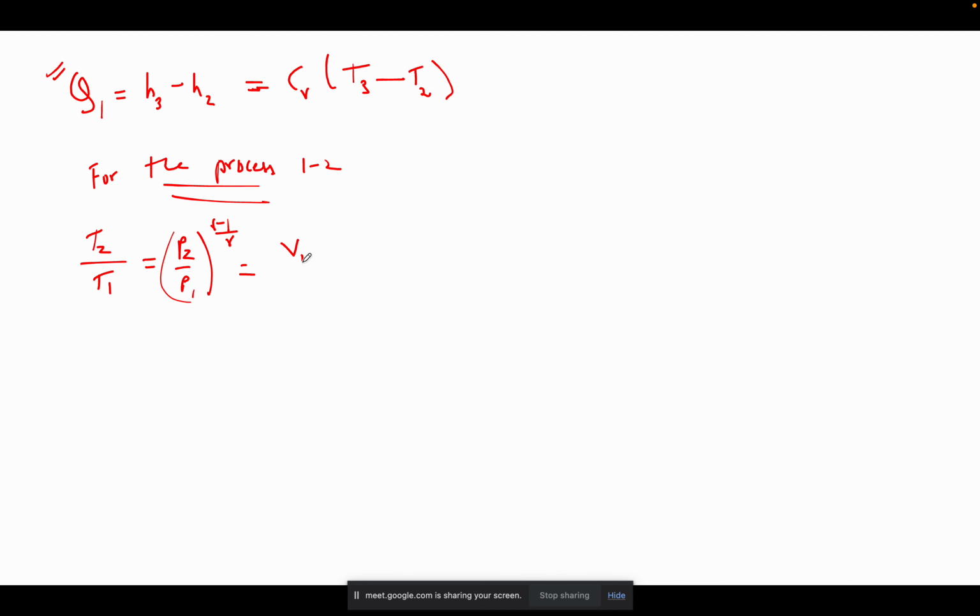We know the volume ratio, (V1 by V2) to the power gamma minus 1, if you remember this relationship. This is for a reversible adiabatic process. So T2 is nothing but T1 times RK to the power gamma minus 1.